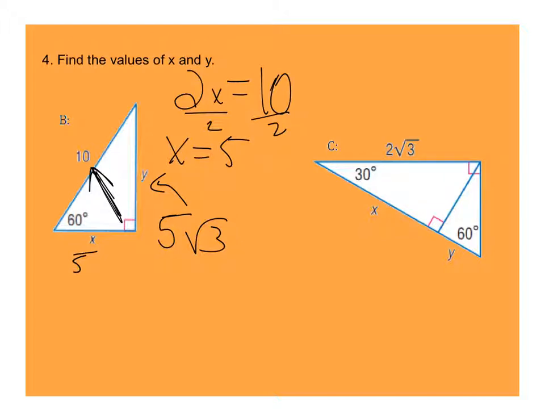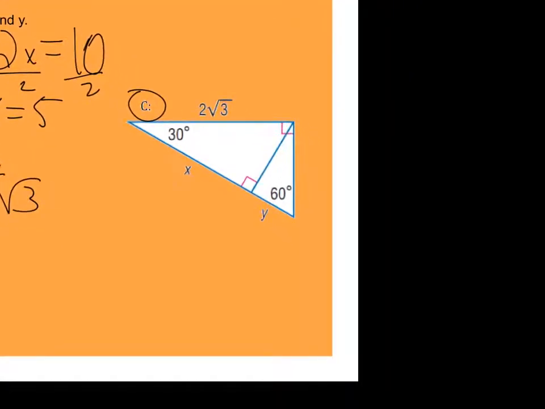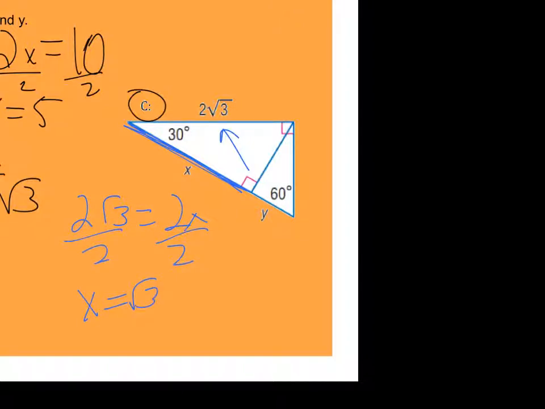Now, looking here for C, C has a couple parts to it. So now let's take a look. If I want this length right here, this x, well, my hypotenuse is 2 square root of 3. So 2 square root of 3 is my 2x. If I divide by 2, x equals square root of 3. So the short side is square root of 3. That's x.